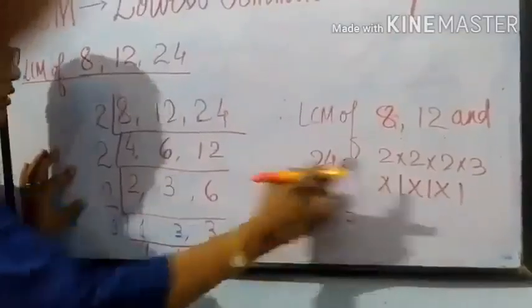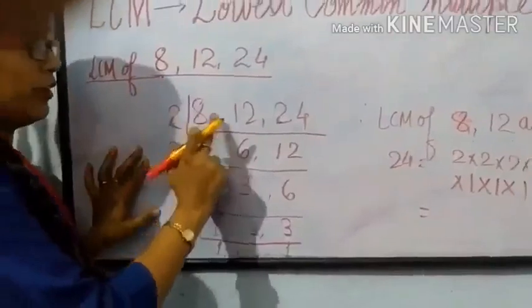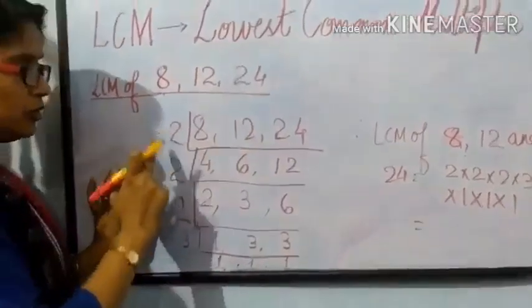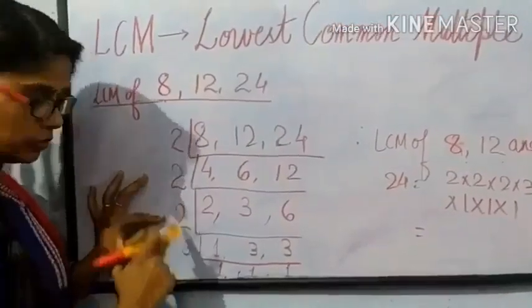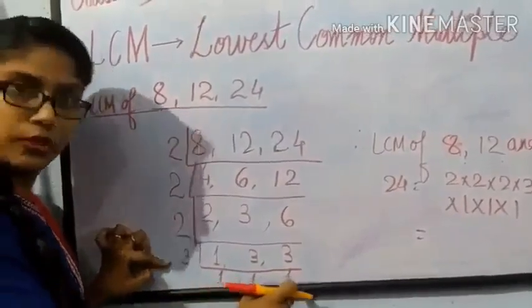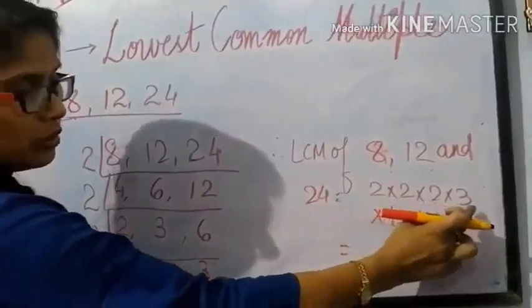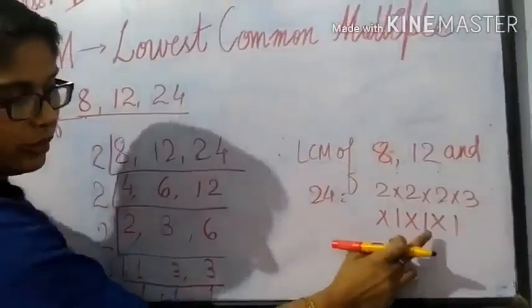I have written, children, you can see again here, LCM of 8, 12, 24: 2 into 2 into 2 into 3 into 1 into 1 into 1.